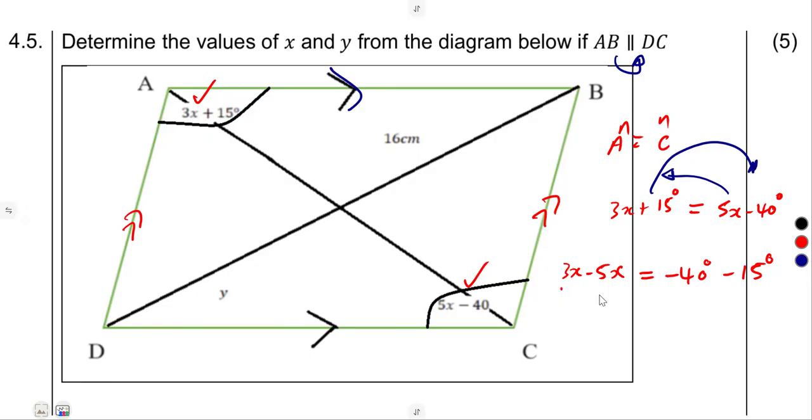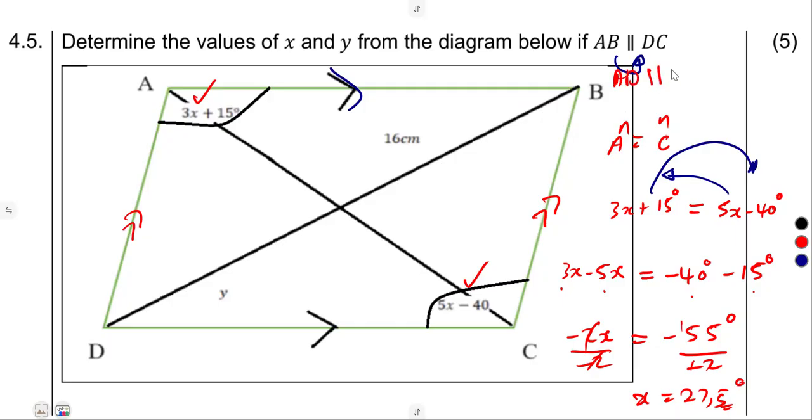All right, 3 minus 5, that's negative 2. Minus 40 minus 15 is going to give us minus 55 degrees. So dividing by negative 2, we can say our x is 27,5, provided that we had a condition also that AD is parallel to BC as it was supposed to be given.